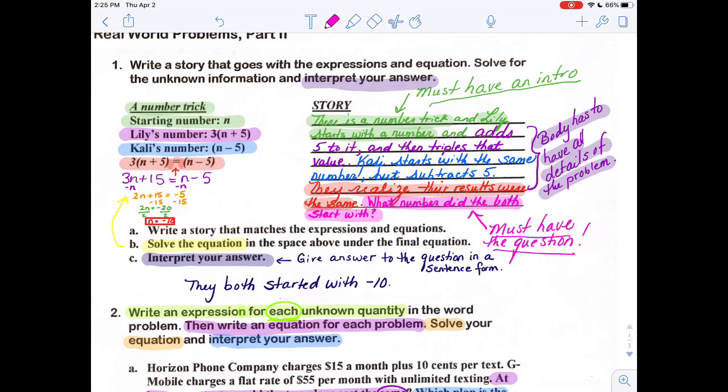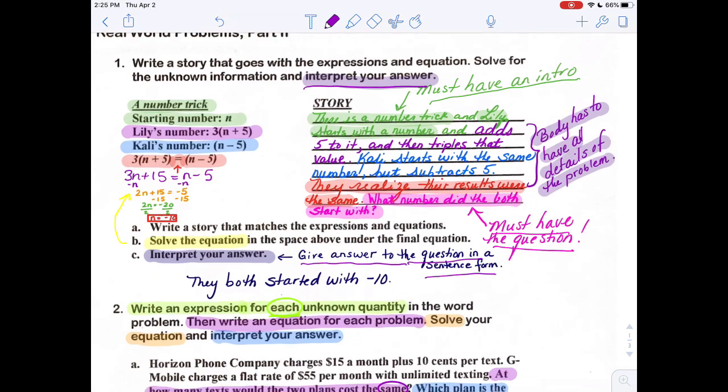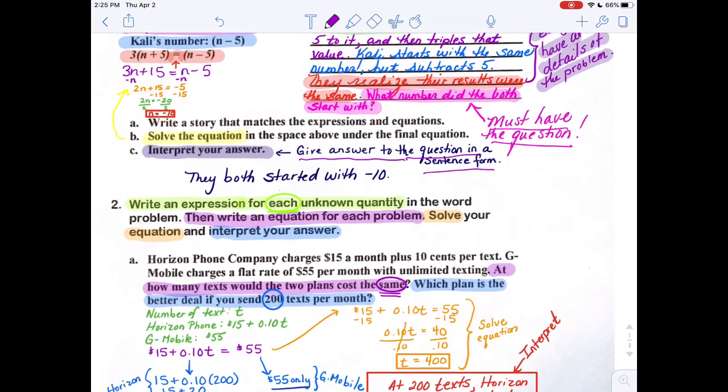Interpreting your answer, that's also a little different with this lesson. That means you're going to go ahead and give your answer to the question in that sentence form using complete sentences.